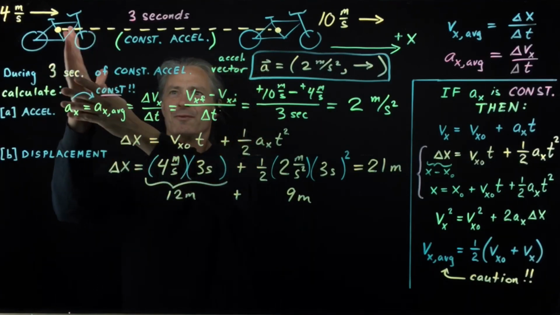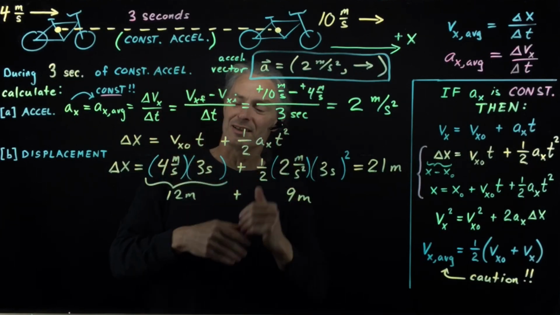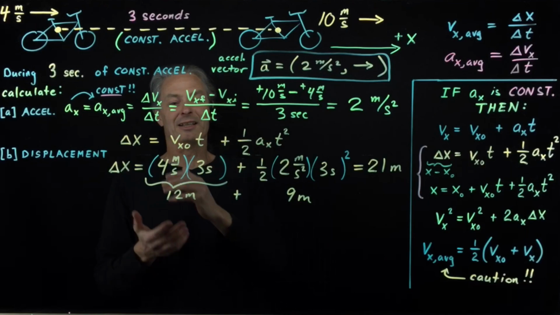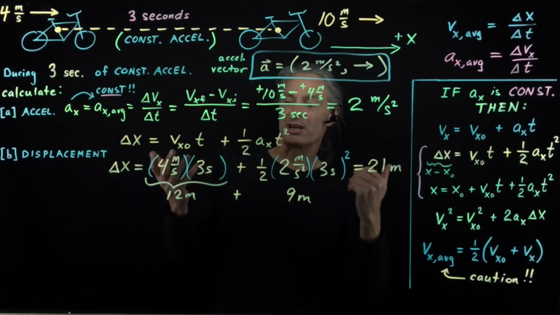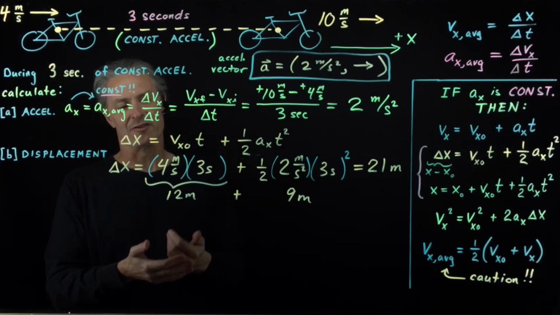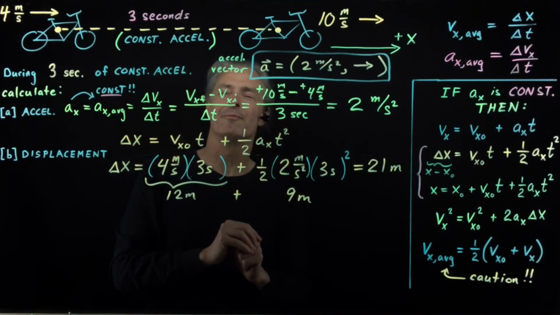That is, during the first second, it would travel 4 meters. During the second second, it would travel another 4 meters. That's what it means to travel 4 meters per second. And then in the final second, it would travel another 4 meters. 4 meters plus 4 meters plus 4 meters is 12 meters. So that's how far it would go if the acceleration had been 0.